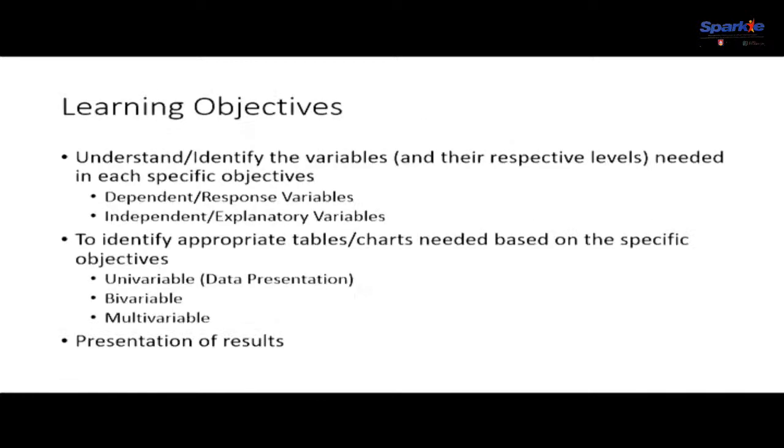Learning objectives. Bullet 1. Who came in last here? Nurse, yeah. Understand and identify the variables and their respective levels needed in each specific objective. What does that mean? We said yesterday that there is what we called general objective, and there is specific objectives.